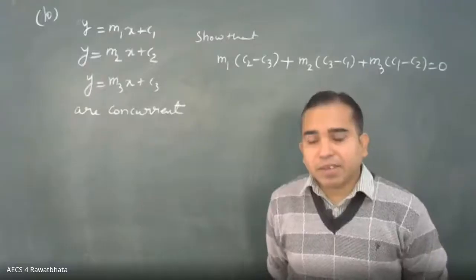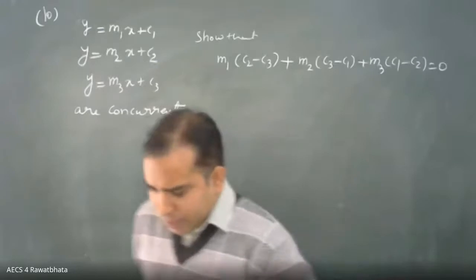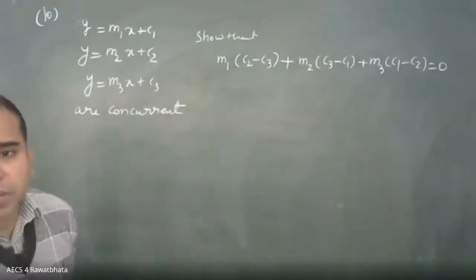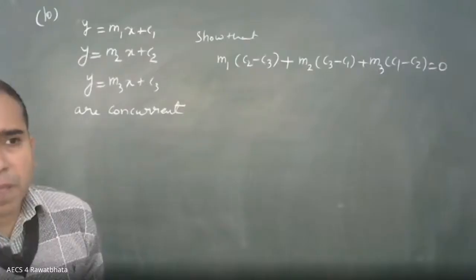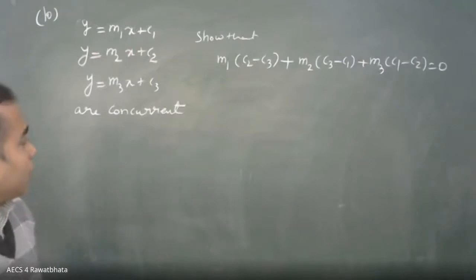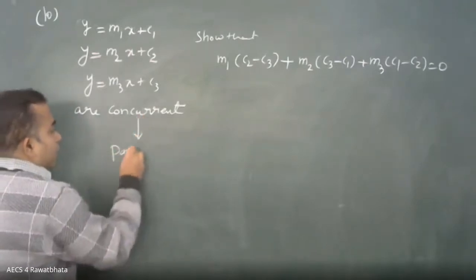A1 by B1 is equal to A2 by B2 is equal to A3 by B3. Students, concurrent means passing through same point. This is passing through one point.